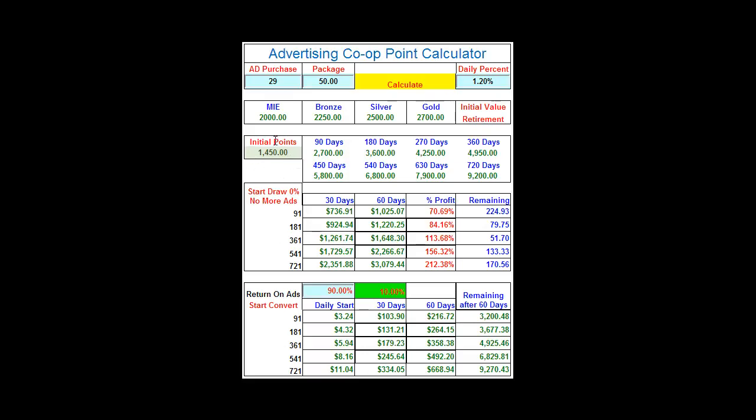So he needs to create 1,450 points in 2 years from now to have the base advertising points as a starting junior. He needs to purchase only 5 ad packages for $250, creating 250 initial points. Now in 2 years, when he is a junior, he will have his starting base of 1,450 points.